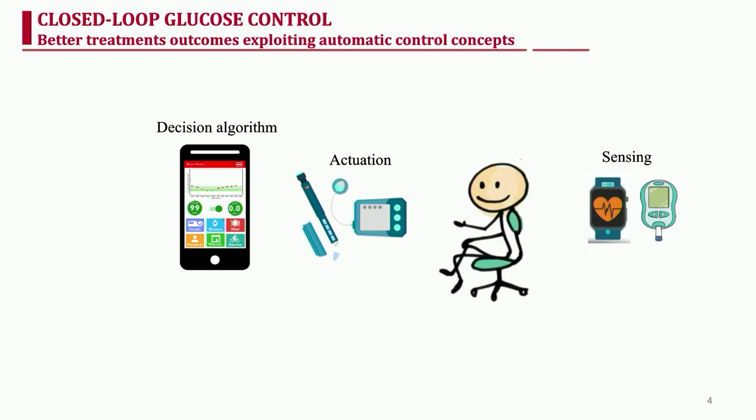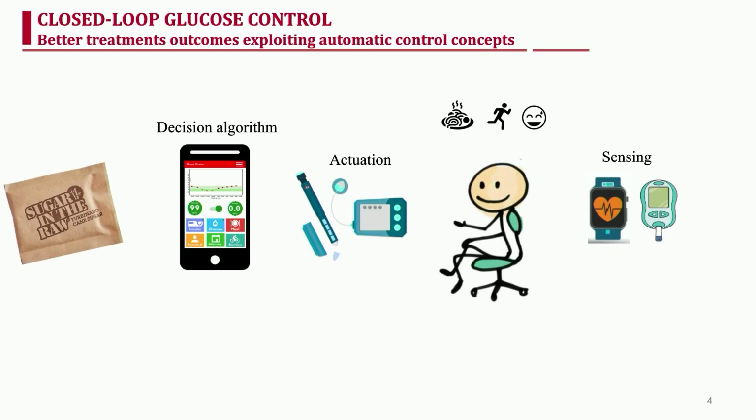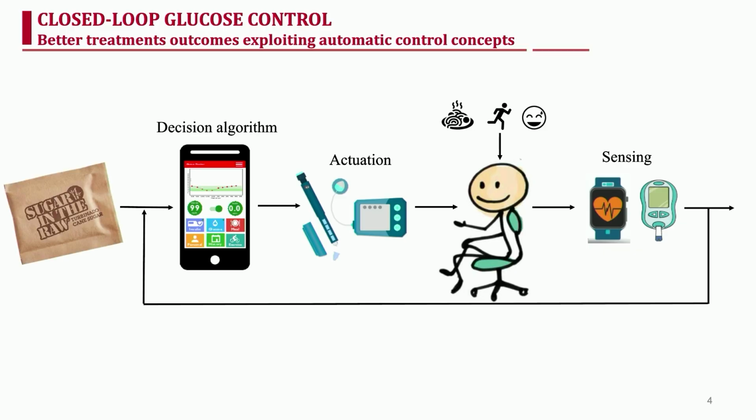But if we close the loop, we are going to have a decision algorithm implemented either in a smartphone, like we have in this cartoon, or even embedded in a chip on a board in one of the devices that the patient has. And the decision algorithm, as I told you earlier, has to reject these disturbances, again, meals, exercise, stress, illnesses, hormonal fluctuation due to the menstrual period, and so on, to achieve the goal of one packet of sugar in the bloodstream. And here we close the loop.